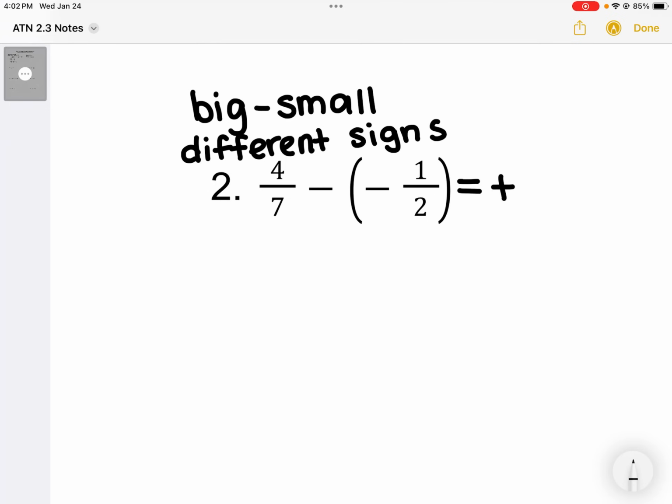Because I am subtracting, I am going to add these two fractions together. 4 over 7 and 1/2, neither of them are mixed numbers, so I can bring them down into my problem. Here is my plus sign, because remember, different signs means I do the opposite sign in the middle.